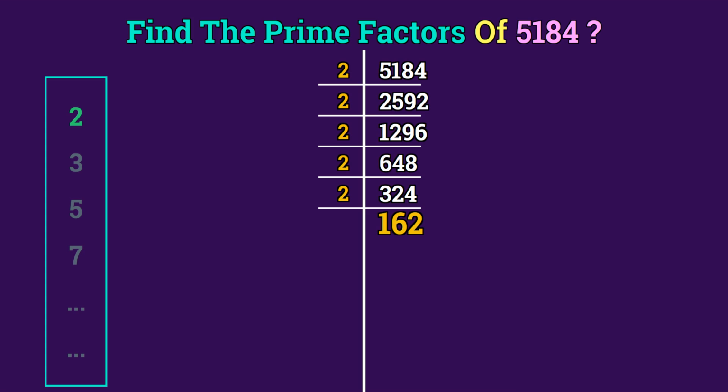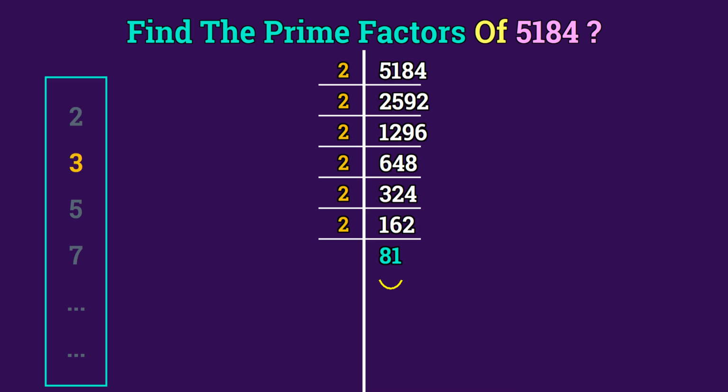So 162 divided by 2 equals 81. Dividing 81 by 2, the result is not integer. Since the result is not integer, we will try to divide by the next number.